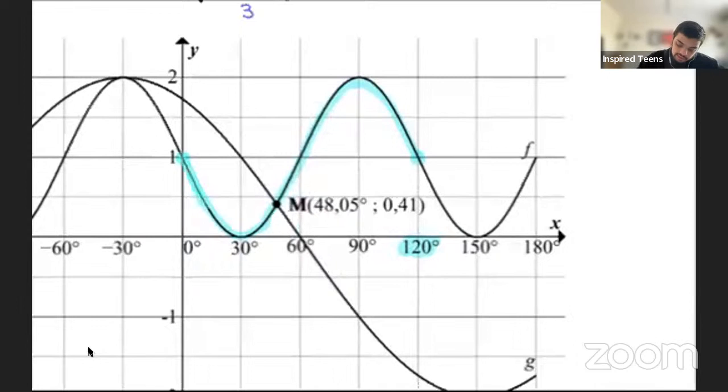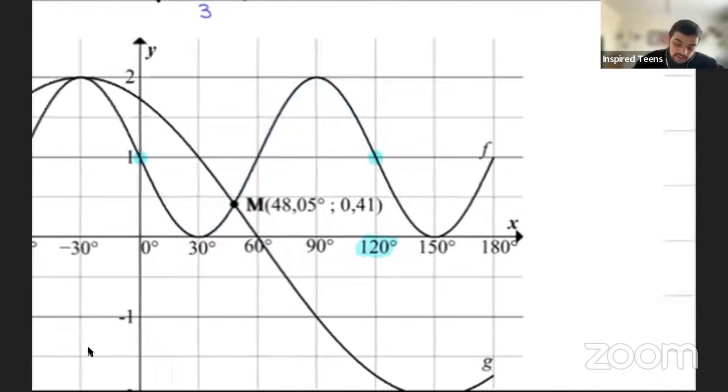Like I said, we just determine the total of an entire period. What we can also do is, we don't necessarily have to use a full period. Just say sometimes you don't have the entire graph drawn. You can even use one step, the distance between the first intercept and turning point.